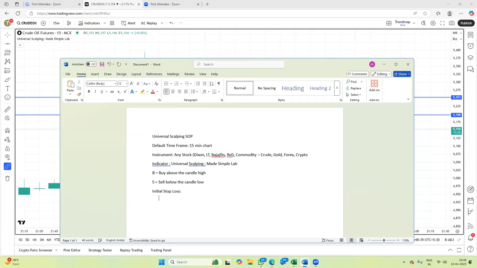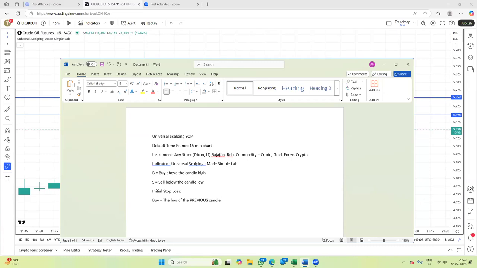In case of buy, it will be the low of the previous candle. This is important. The low of the previous candle, not the candle where the signal comes.